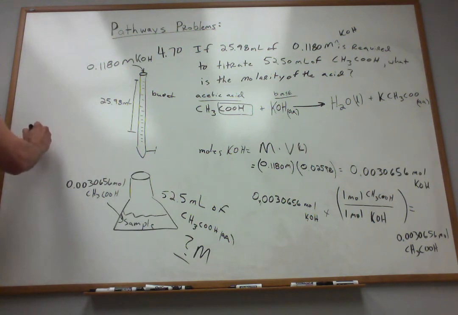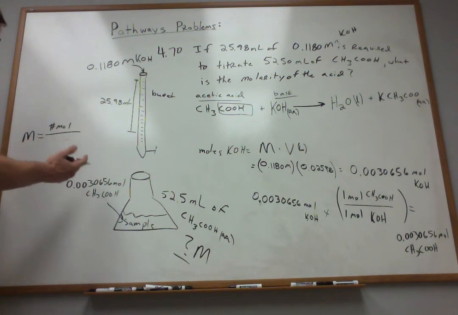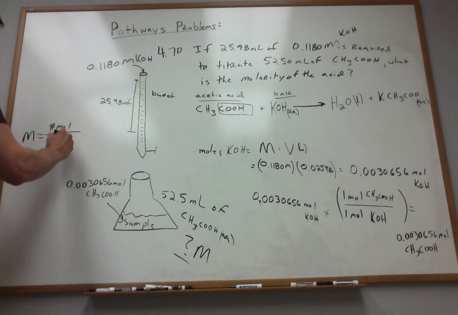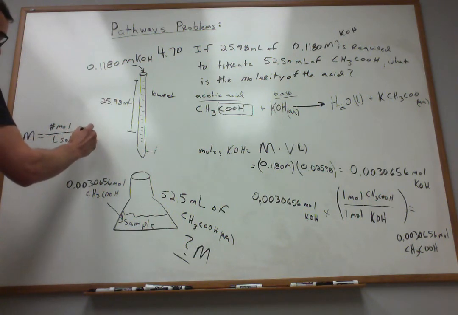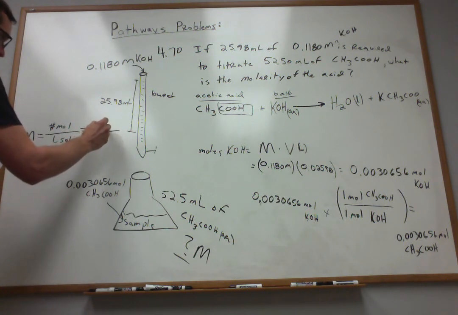So it's pretty straightforward then to compute my molarity, because molarity is just number of moles of my analyte or my material divided by liters of solution, right? This is a pretty straightforward calculation at this point, because my number of moles was 0.0030656 mole.